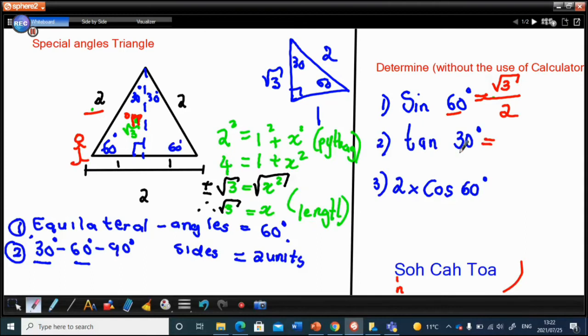Let's move on to tan 30. Tan 30 means I am standing at 30. Let me just erase some of the things that we don't need here. So we are looking at tan 30. We are standing at angle 30 in this triangle, and what is opposite me?